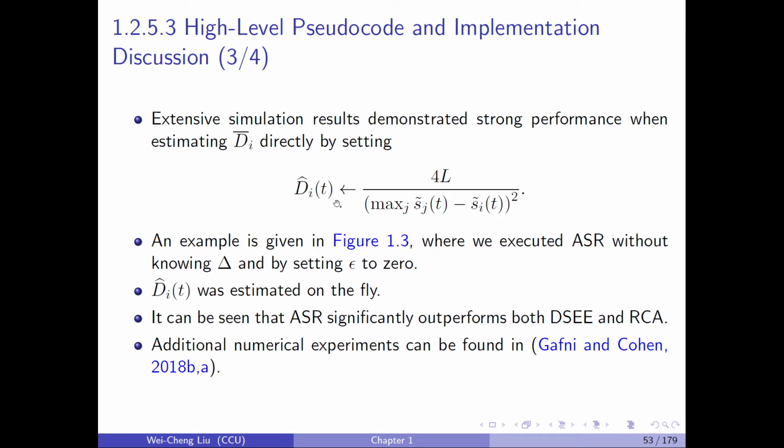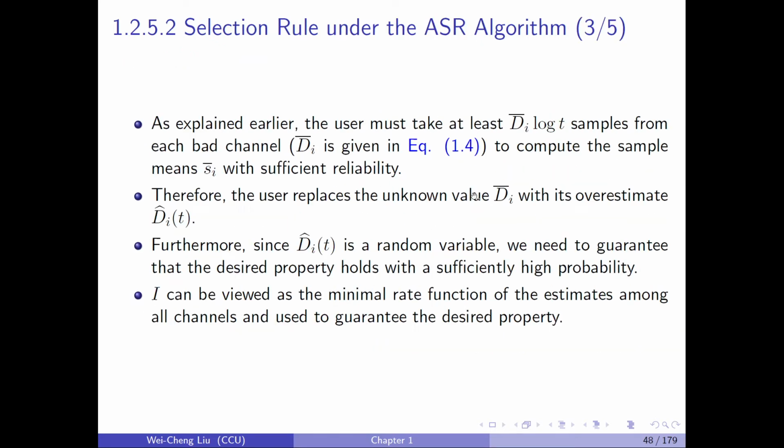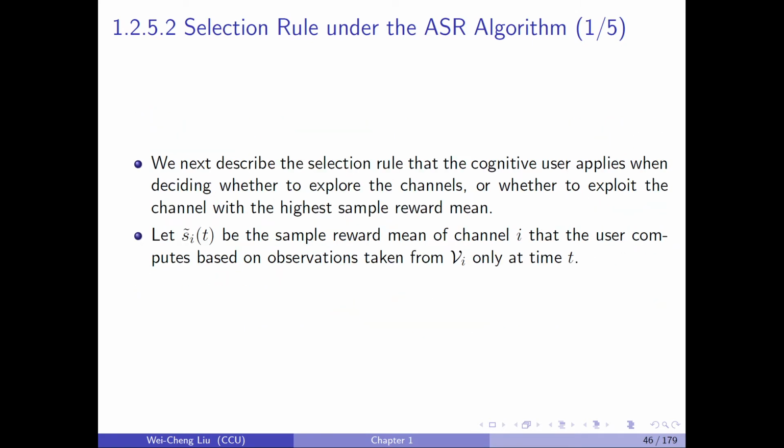Okay, so next we estimate d bar I directly by setting d hat I of t equal to 4L over the maximum over j of s tilde j of t minus s tilde I of t, squared. We have reviewed what L is several minutes ago. Then let us review what s tilde j of t and s tilde I of t are.